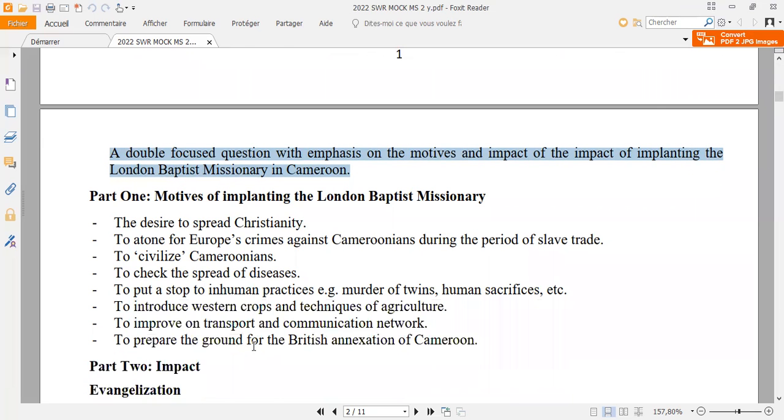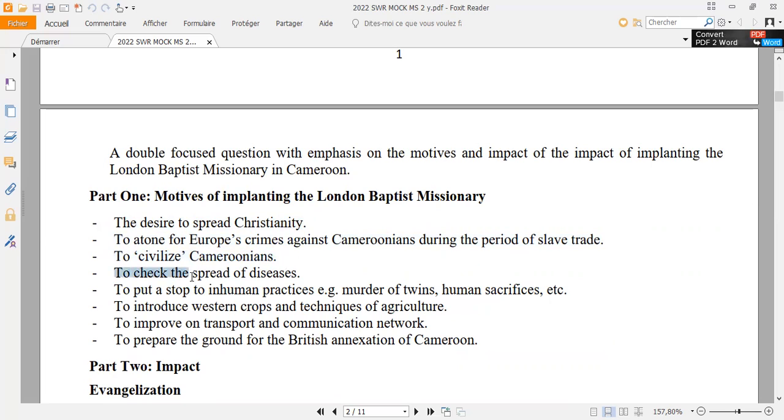Part 1, some motives include, for example, the desire to spread Christianity, which was the main motive of the London Baptist Missionary in Cameroon. You have to atone for European crimes against Cameroonians during the period of slave trade. They came to civilize Cameroonians who were considered primitive.